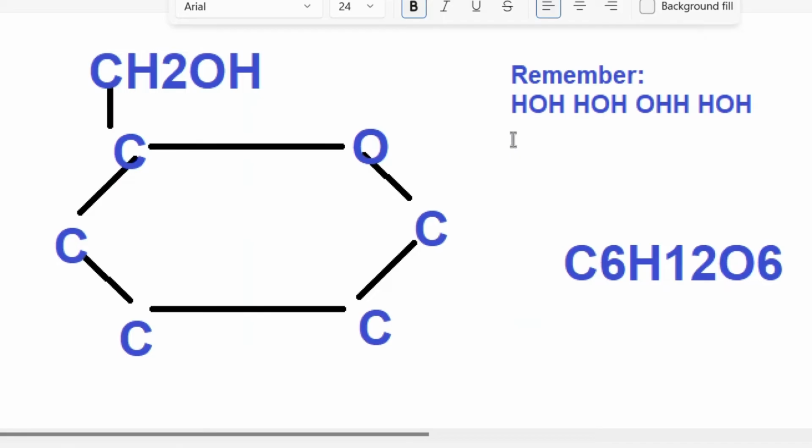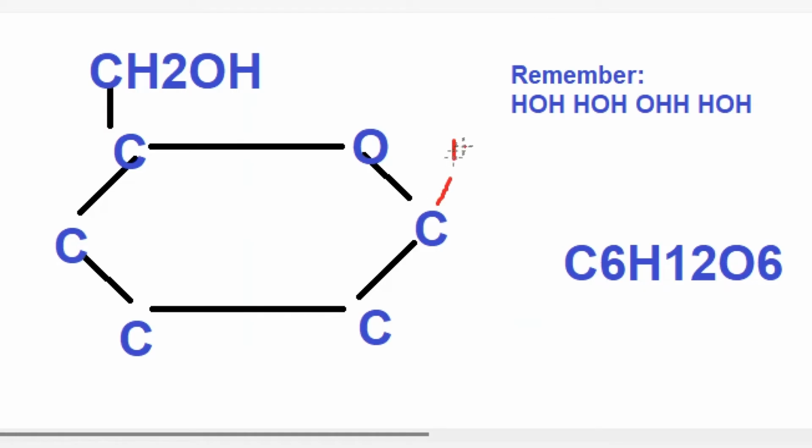Now I say here, remember HO, HO, HO, HO. This is the reason I want you to remember that, because that will be how the placement of the hydrogens and the hydroxyls, the OH groups, is going to be. So on carbon 1 is going to be HO, H, and then OH, HO.